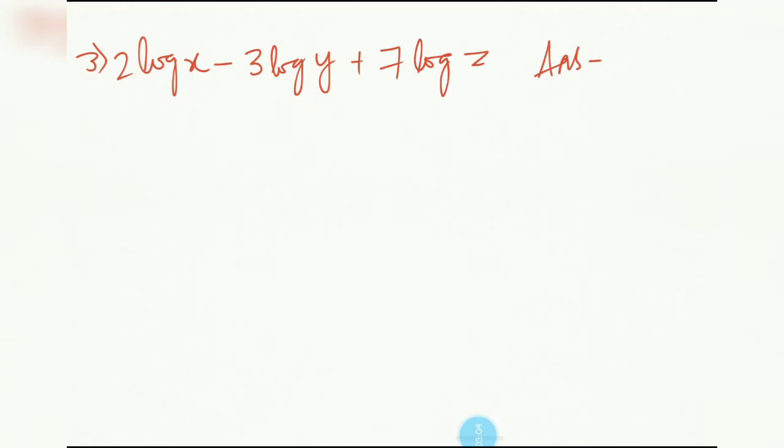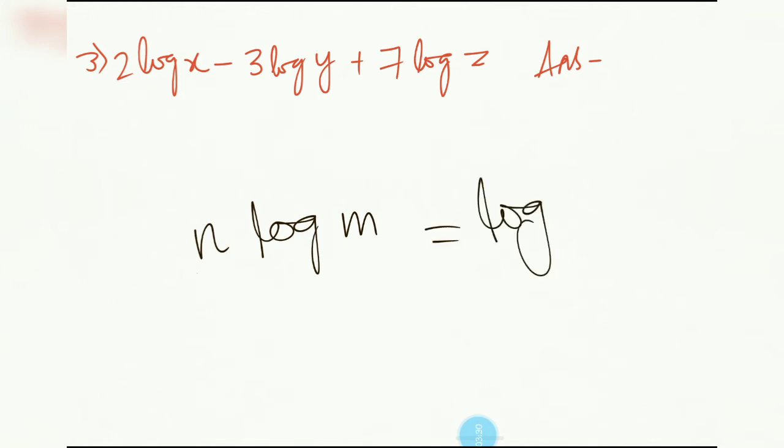Next question, 2 log x minus 3 log y plus 7 log z. You have to find the answer for this. So first, I'm going to write it in the power form. When we have n log m, we can write it as log m to the power n, just the converse of the law which we used previously.